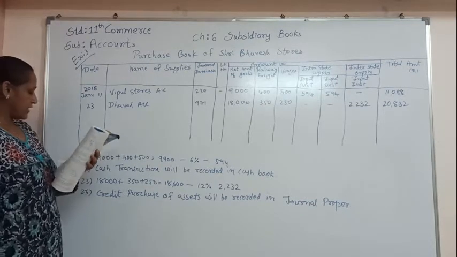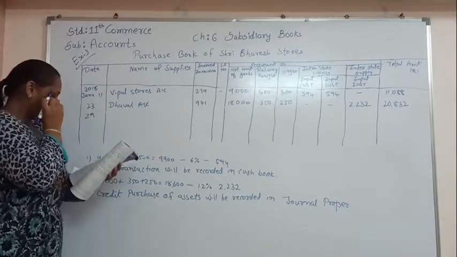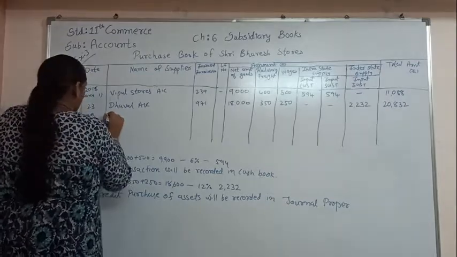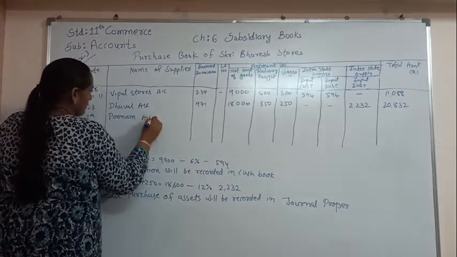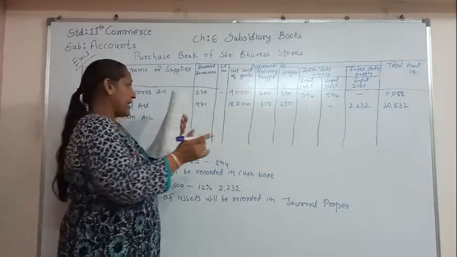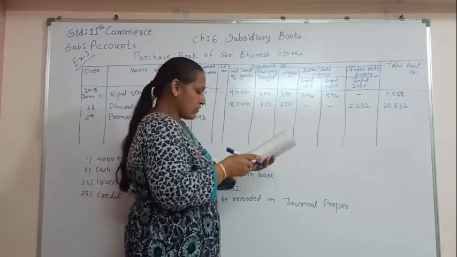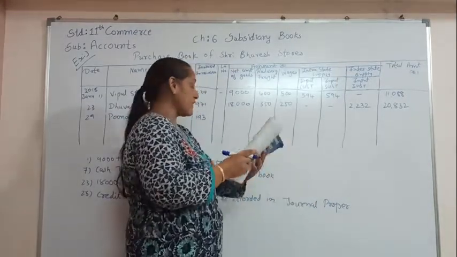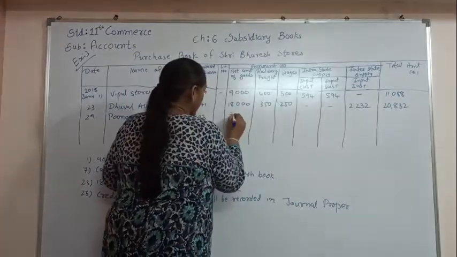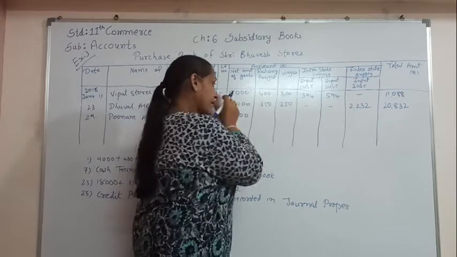So here on 29 we have purchased the goods from Poonam. Here Poonam account we are going to write, and invoice number is 193, and goods of rupees 8,000 we have purchased, and after 10% trade discount it will be 7,200, and again railway freight is 200.